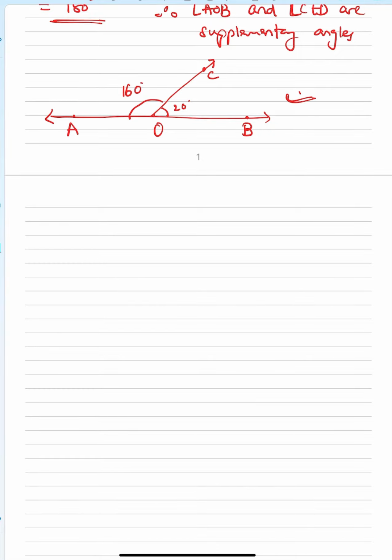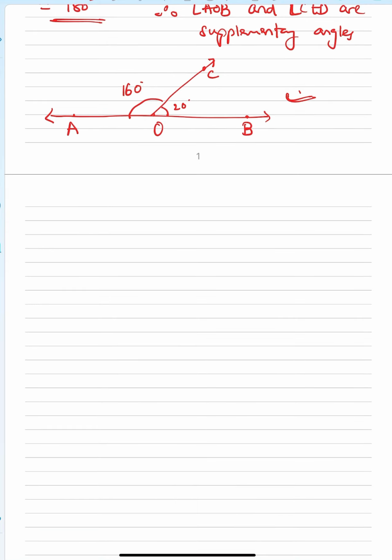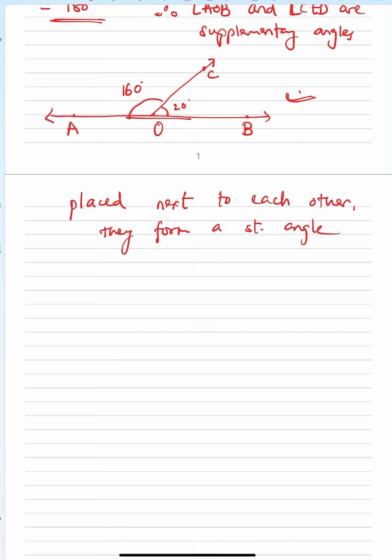When supplementary angles are placed next to each other, they form a straight angle. So this is a straight angle, and a straight angle always measures 180 degrees.